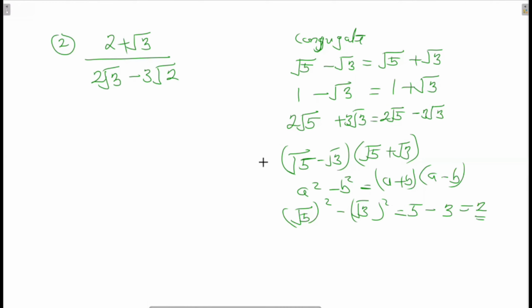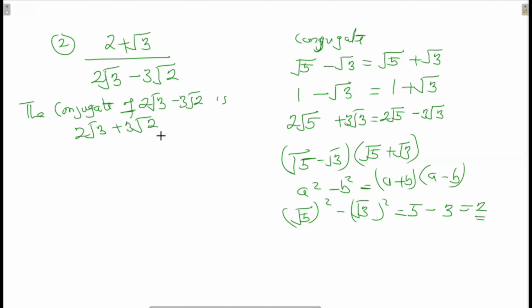But if you multiply something and you still have a surd inside it, that means it is not a conjugate. So the first thing we do here is to find the conjugate of this. The conjugate of 2 root 3 minus 3 root 2 is 2 root 3 plus 3 root 2.